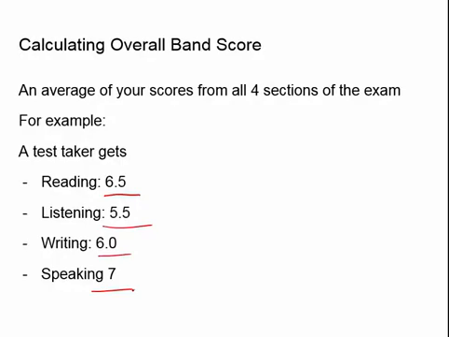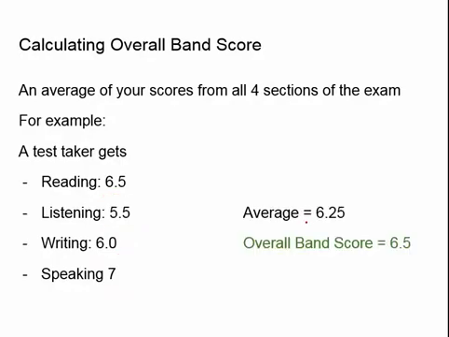When you do that, you get 6.25, okay? So remember, scores are always in half-point increments. So this lucky student would have their score rounded up to the next half point, 6.5.